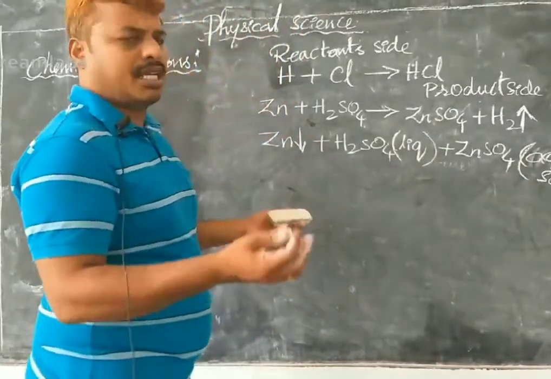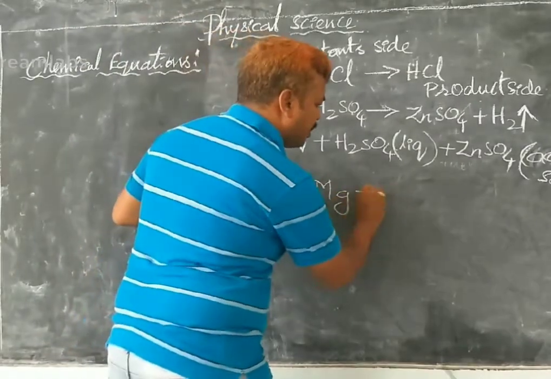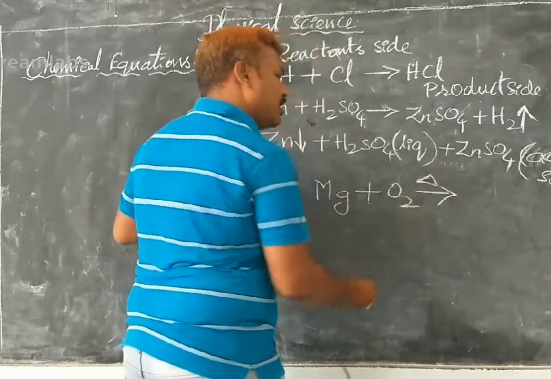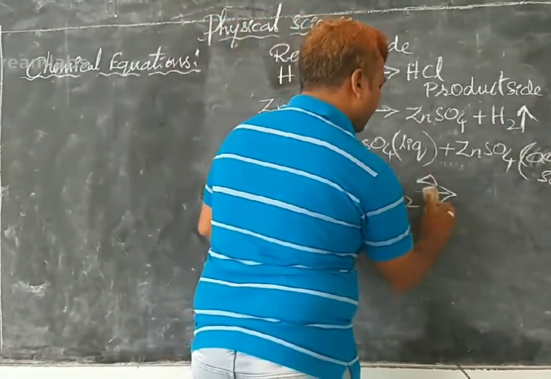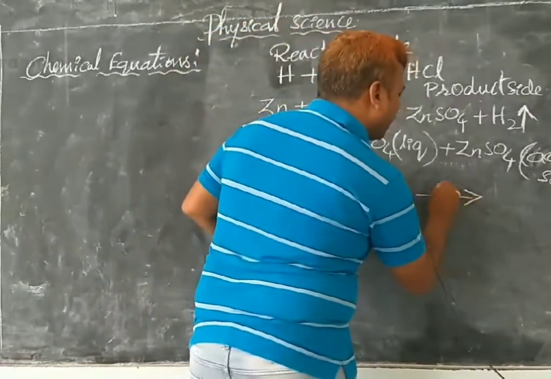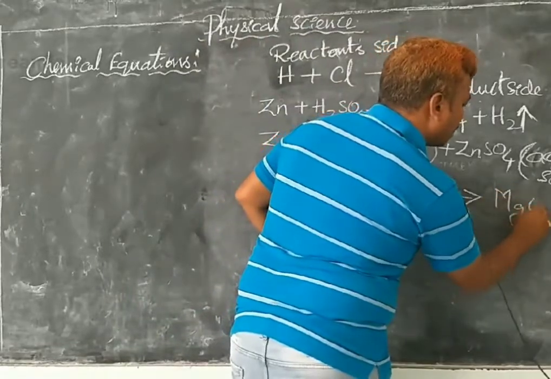When you heat magnesium, it is reacted with oxygen. On heating in the presence of oxygen, magnesium will give you magnesium oxide.